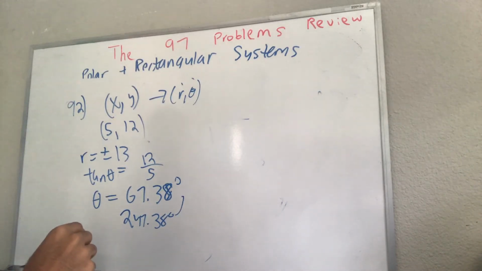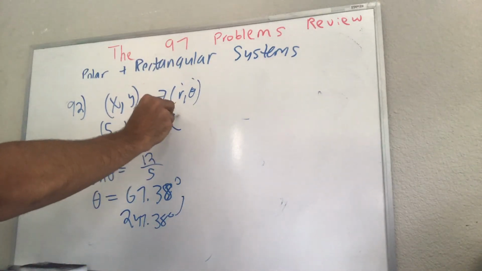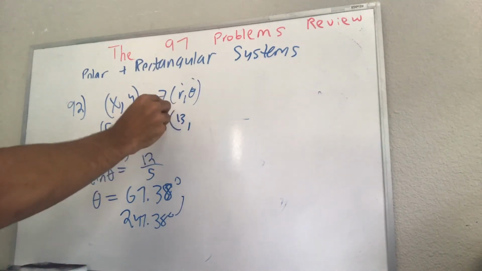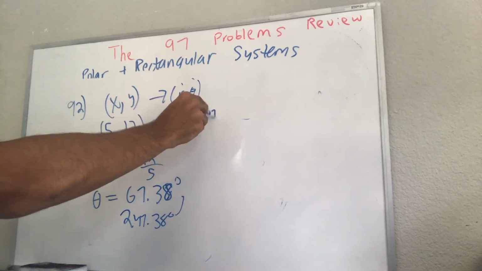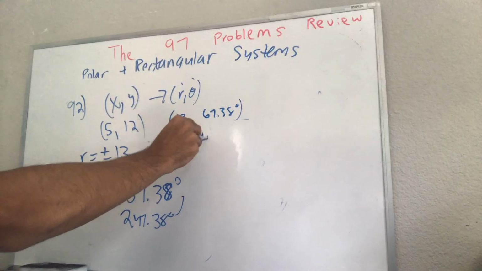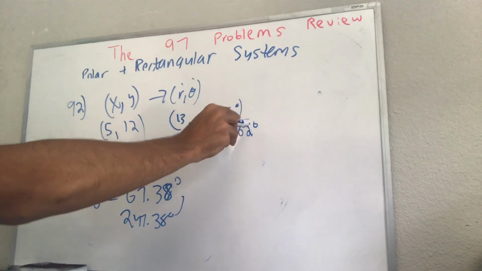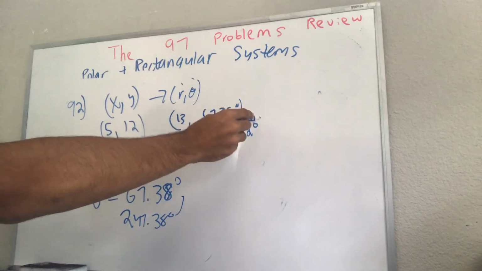So when we write our four notations here, the first one would be 13, that's the radius, obviously positive 13, comma 67.38 degrees. The other one would be 13, comma negative 292.62 degrees. Again, just subtracting 360 from 67.38 degrees.